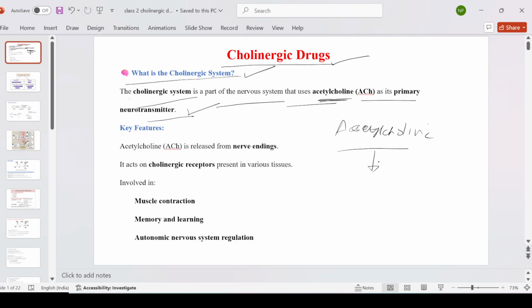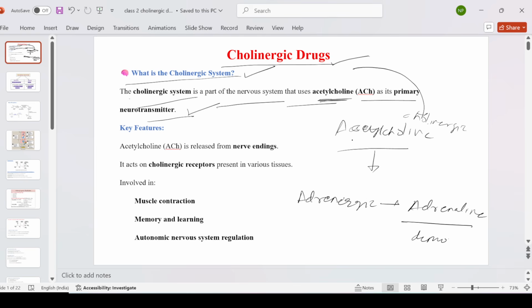Acetylcholine is a major neurotransmitter because here in cholinergic we saw, in the adrenergic system the major neurotransmitter is adrenaline. In demo class, we saw this. So in cholinergic system, the major neurotransmitter is acetylcholine. Okay. So this neurotransmitter is mainly responsible for the transfer of the chemical signal.